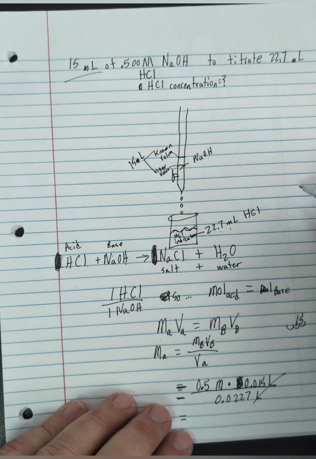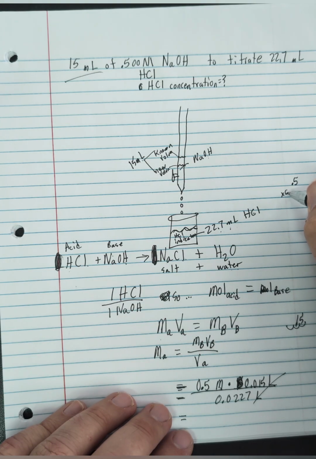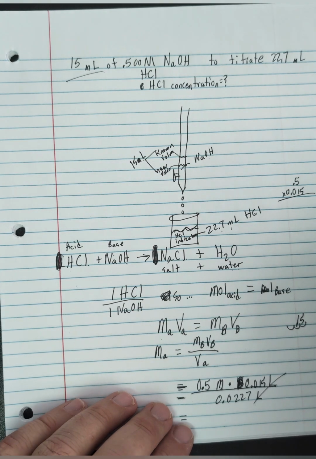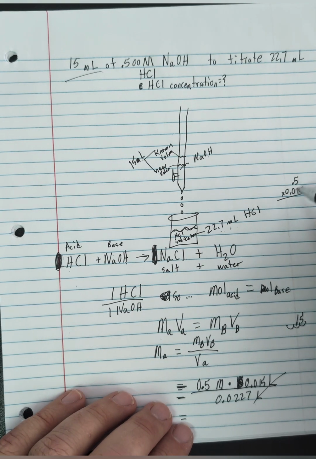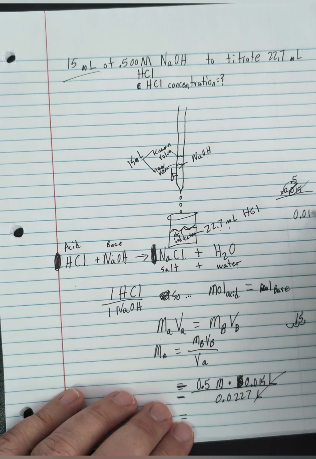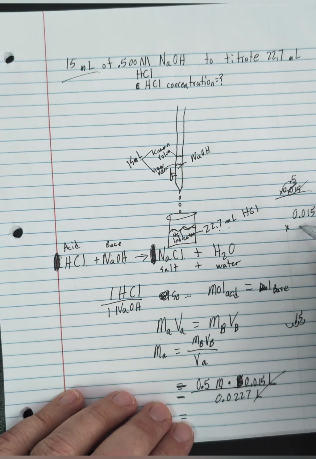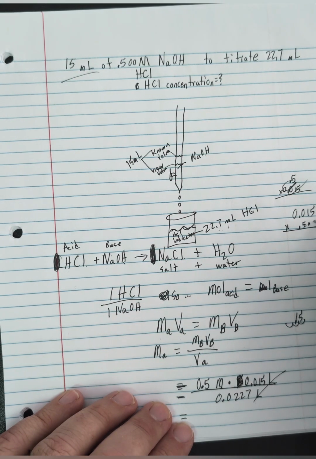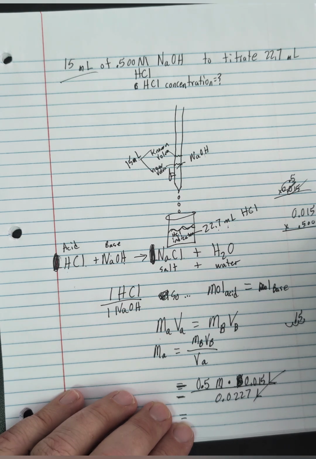So if we've got 0.5 times 0.015, oof, 0.015 times 0.5. So 5 times 5 is 25.